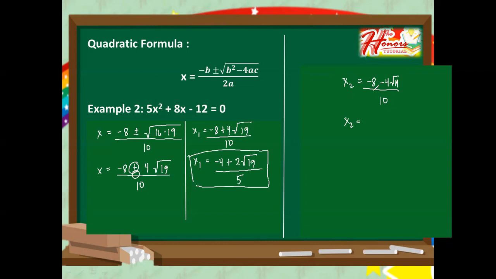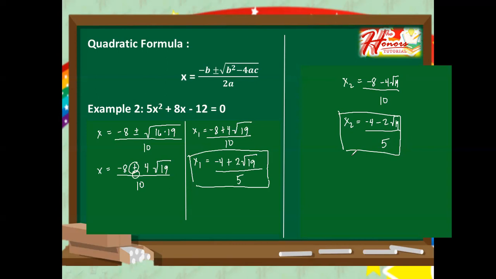And also for negative 4 and 10 at the same time without remainder. So that's 2. So negative 8 divided by 2 is negative 4. Negative 4 divided by 2 is equal to negative 2 square root of 19. So 10 divided by 2 is 5. So the answer is x sub 2 is equal to negative 4 minus 2 square root of 19 over 5.